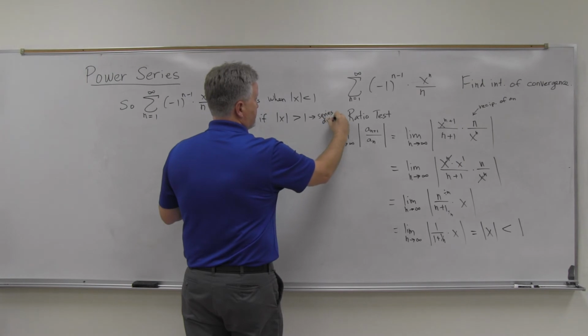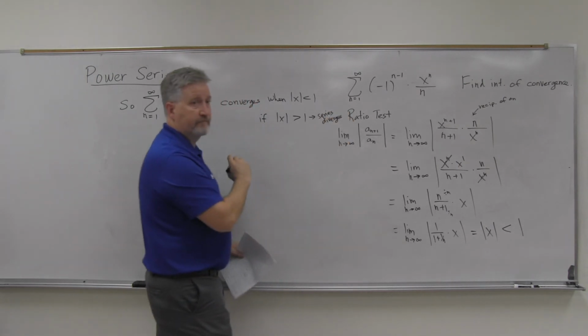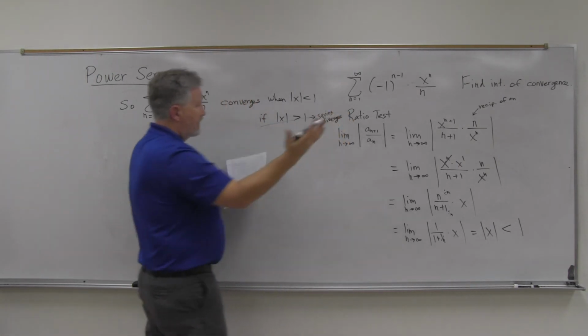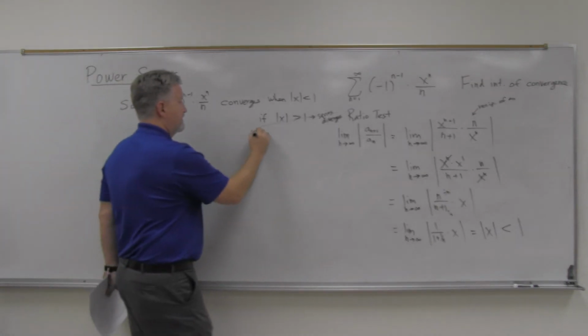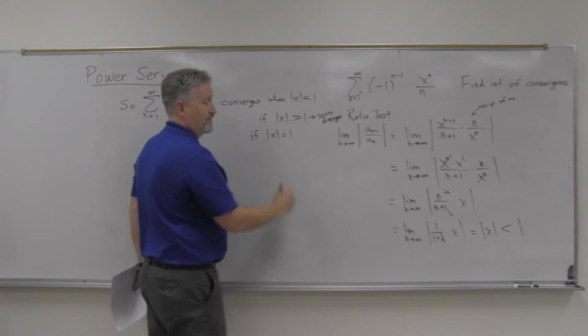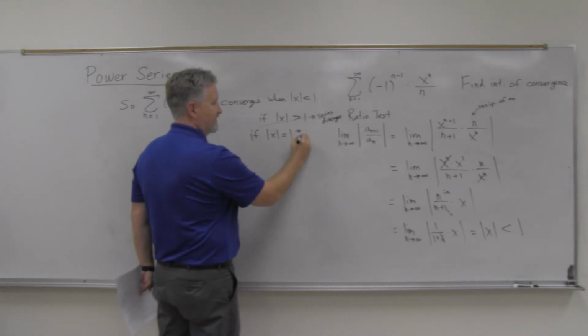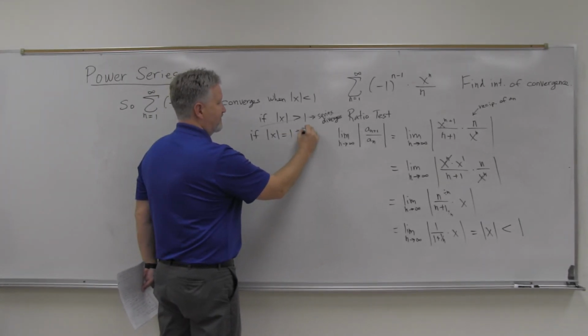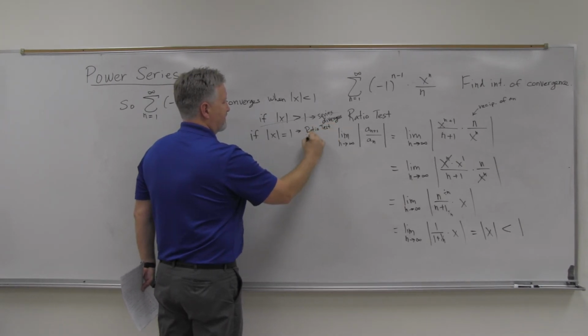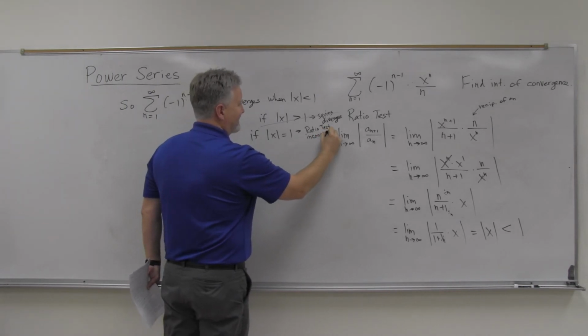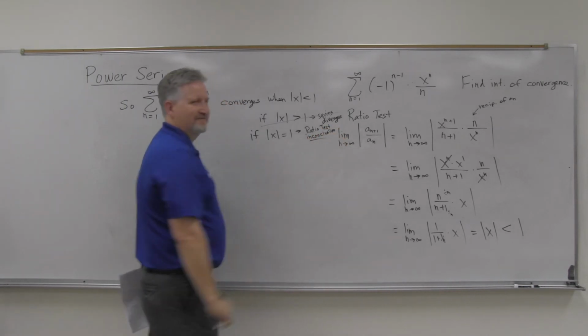So I don't need to mess with that, right? I don't have to worry about when the absolute value is greater than 1. However, if the absolute value of x equals 1, what does the ratio test tell me? It doesn't tell me anything. The ratio test is inconclusive.